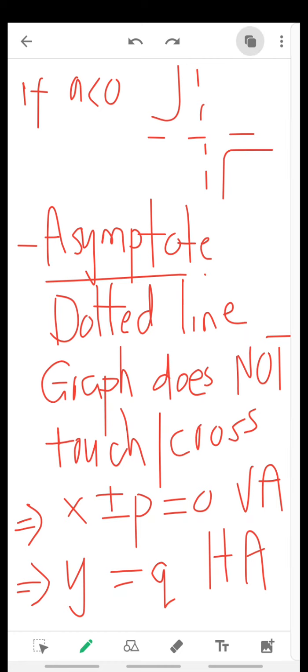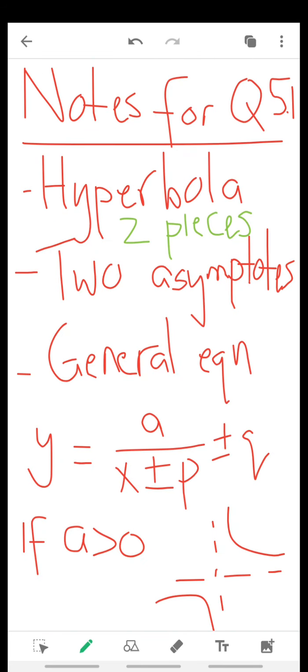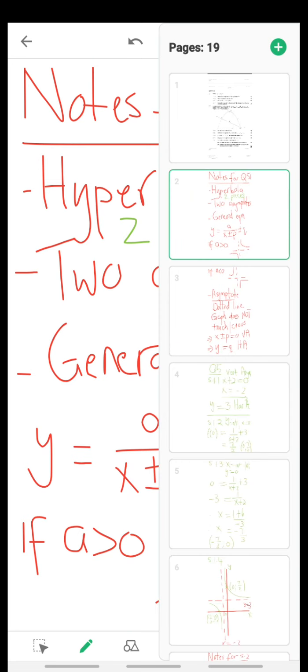Then when you look at your general equation again, we've got variables p and q. We need to know what they do to a hyperbolic function.